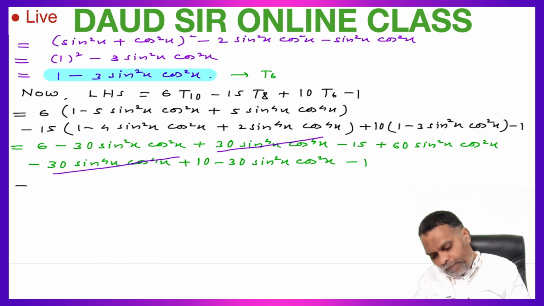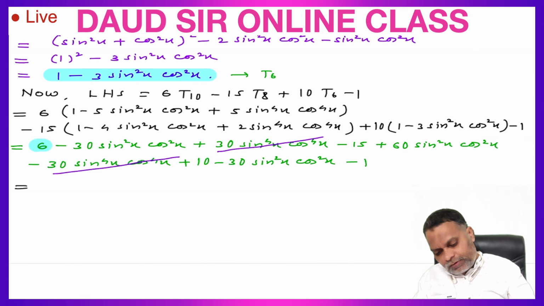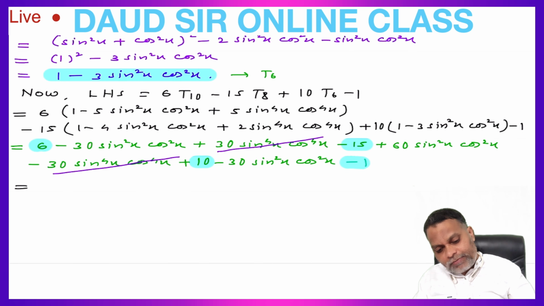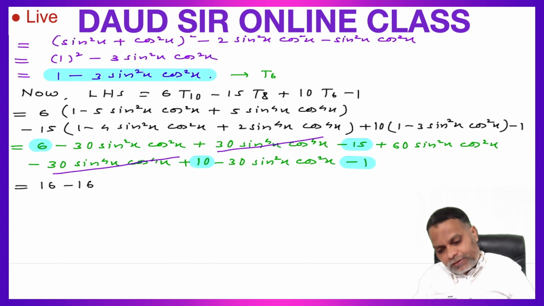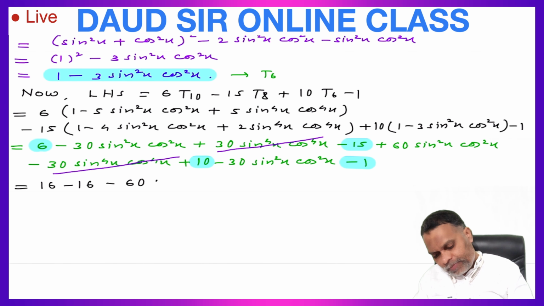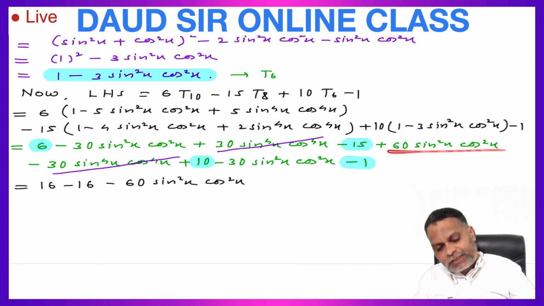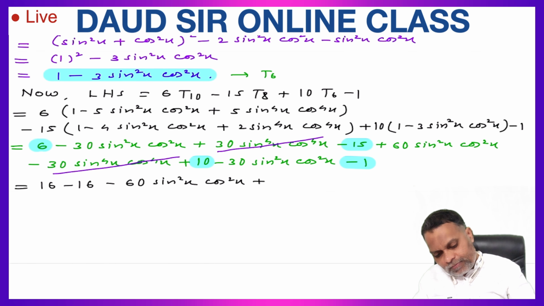So notice 6 plus 10 is 16, and this minus 15 minus 1. So plus 16 and minus 16 will be cancelled. And this minus 30 sine square x cos square x, minus 30 sine square x cos square x, minus 60 sine square x cos square x, and this plus 60 sine square x cos square x.